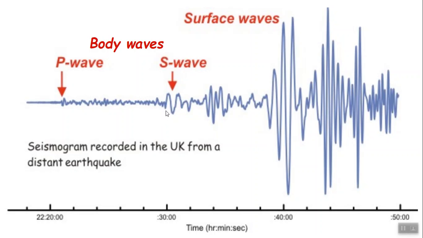And S stands for secondary wave. So that's the second wave to come in. The next set of waves are over here, and this is when the amplitude gets really big, and those are the surface waves. Those are the surface waves. So we're going to spend some time talking about what those waves do and what their motion is like.